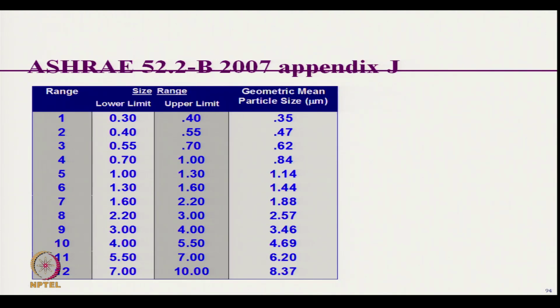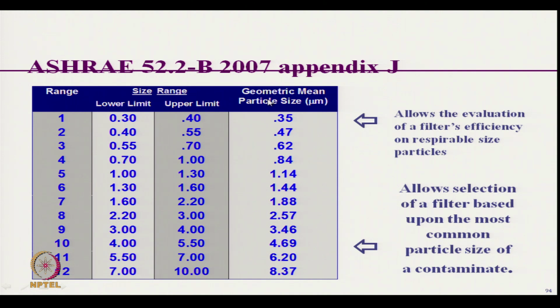As per this standard, particle sizes of around 0.35 or 0.5 micron are respirable size particles, for which fine filters are required, while coarser particles are for daily common applications. To remove the fine particles, we need fine filters with higher filtration efficiency.